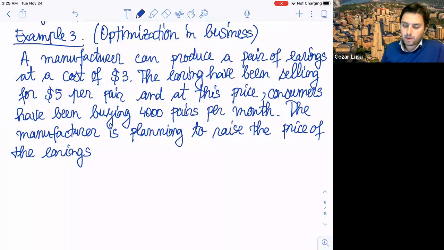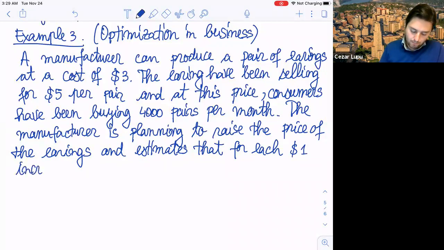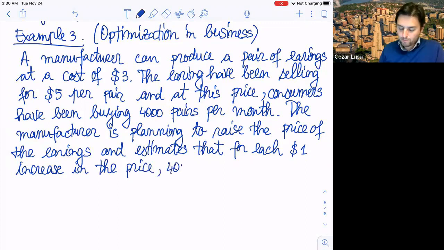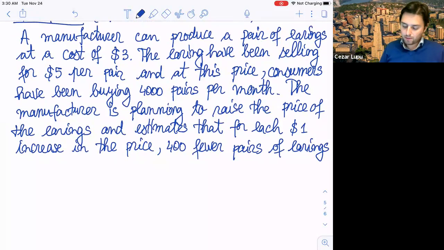And estimates that for each $1 increase in the price, 400 fewer pairs of earrings will be sold each month.